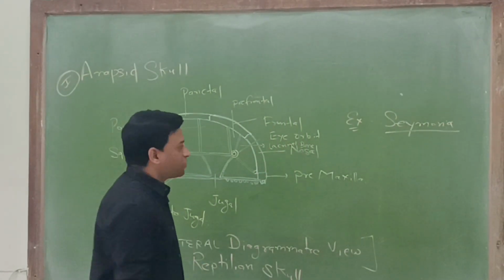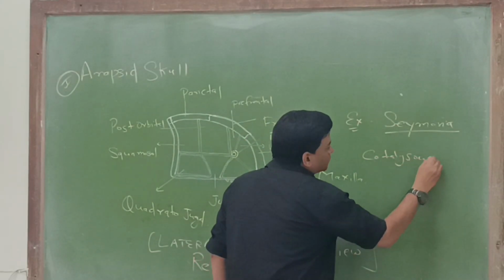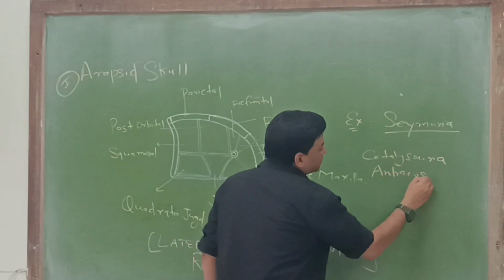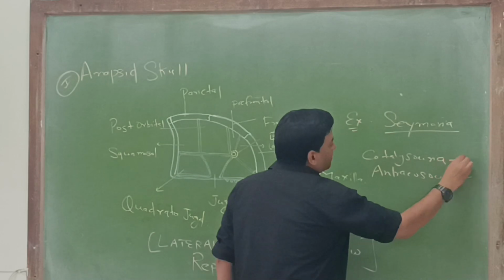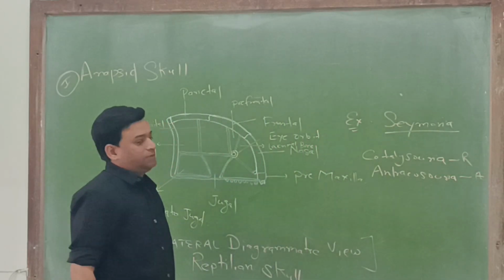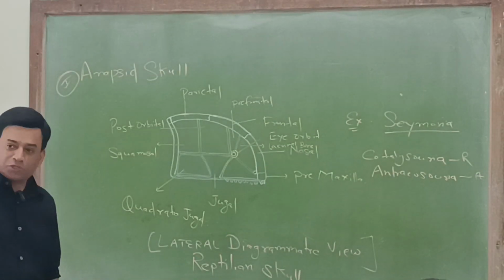And the category is Cotylosaura or Anthracosaura. In amphibians we say Anthracosaura, in reptiles we say Cotylosaura. Got my point? So this is the most primitive condition.